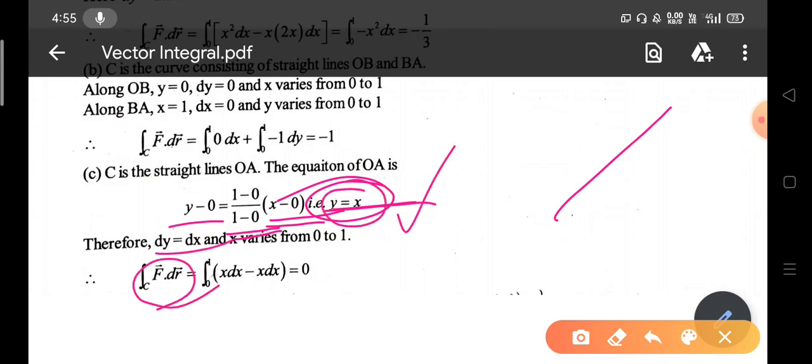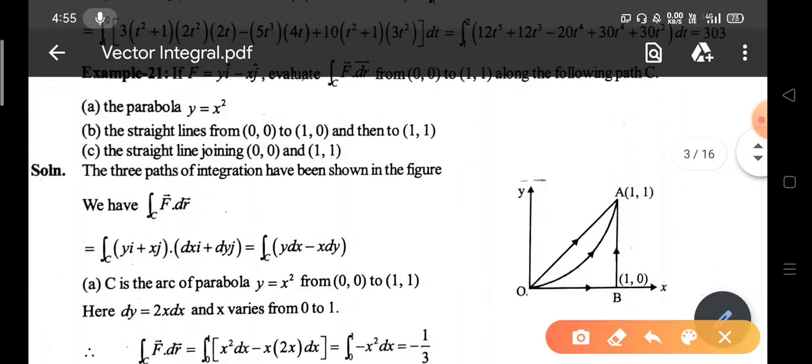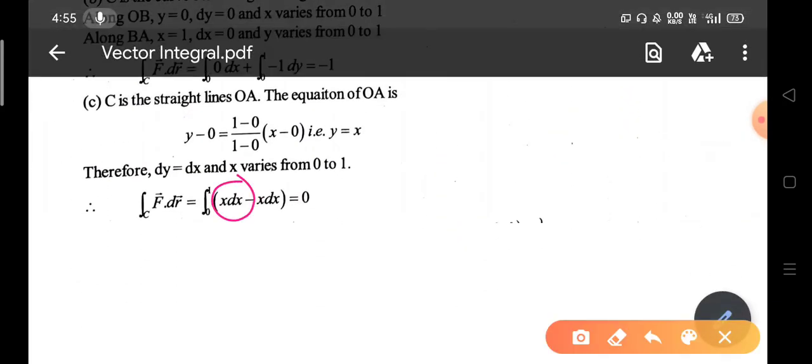Now dy equals dx here, because y equals x. So for F dot dr, the change in x will be 0 to 1, because x is changing from 0 to 1, and we can write dy as dx and y as x. So just put here x dx minus y x dy. Here it will be x dx minus x dx, because dy is also equal to dx, so it will give you 0.